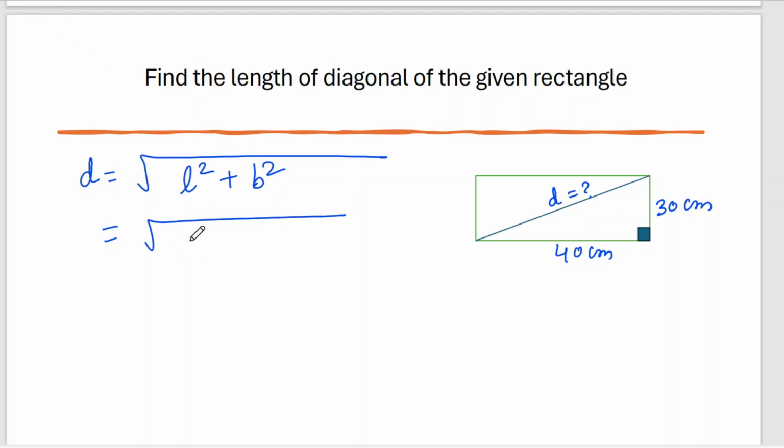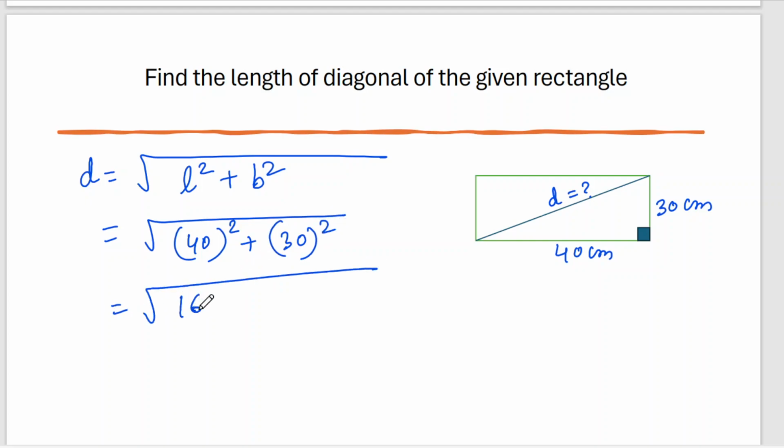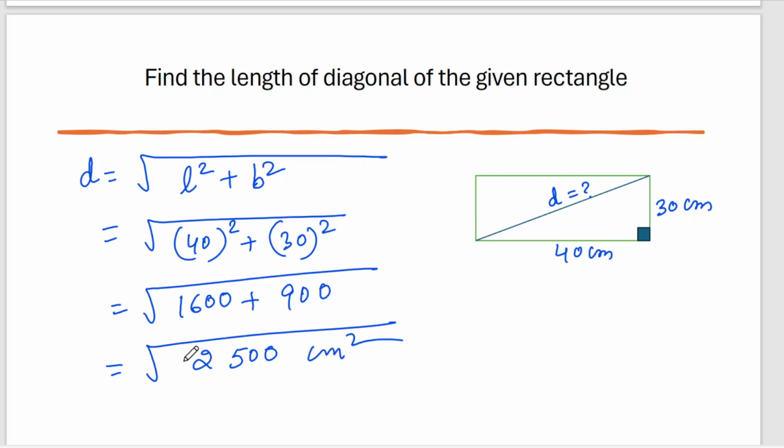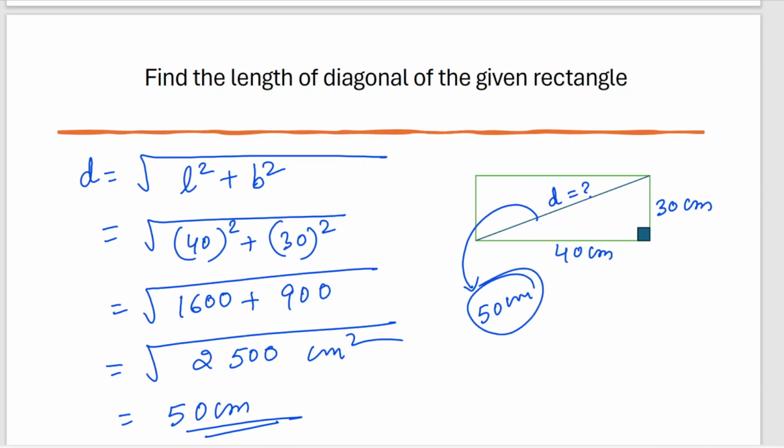L is 40, so 40 square plus 30 square. So we got under root 1600 plus 900, so it is under root 2500 centimeter square. Finally you will get 50 centimeter. So the length of the diagonal that we have got here is 50 centimeter. Next question.